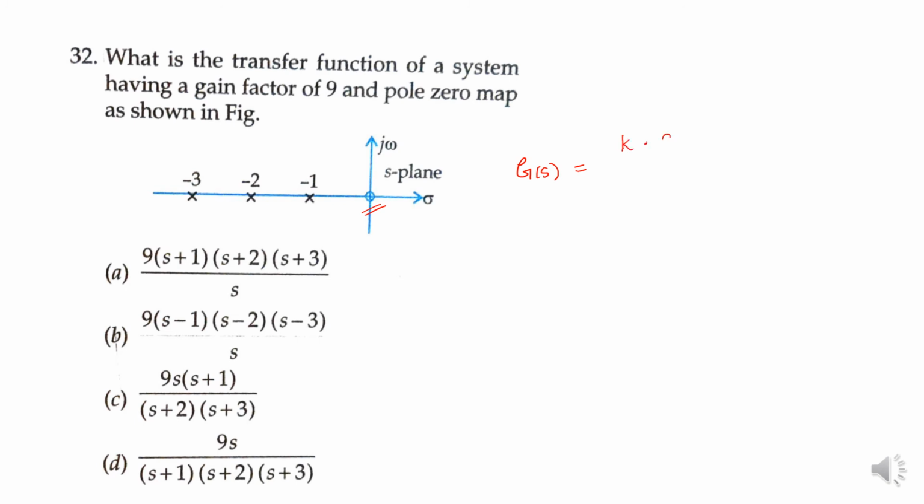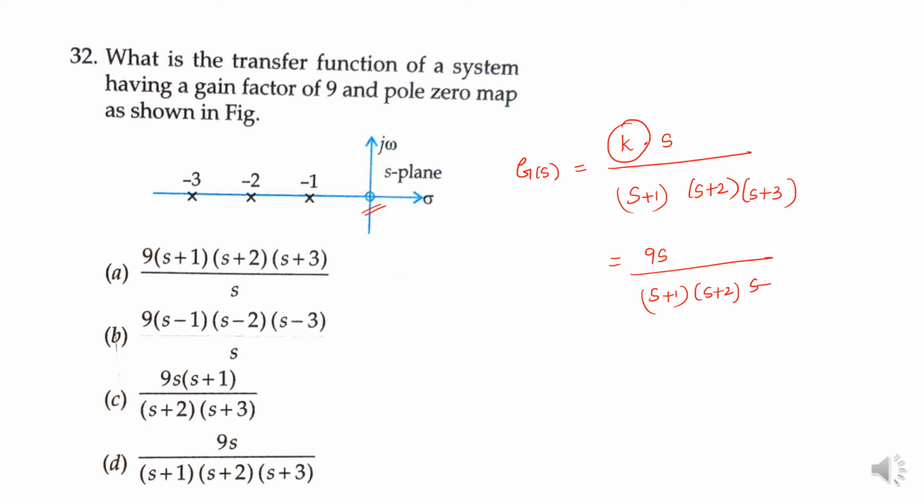K into s minus 0, divided by s plus 1, that is s minus of minus 1, s minus of minus 2, that is s plus 2, and s minus of minus 3, that is s plus 3. With K given as 9, it is 9s divided by (s plus 1)(s plus 2)(s plus 3). Option D is the correct answer.